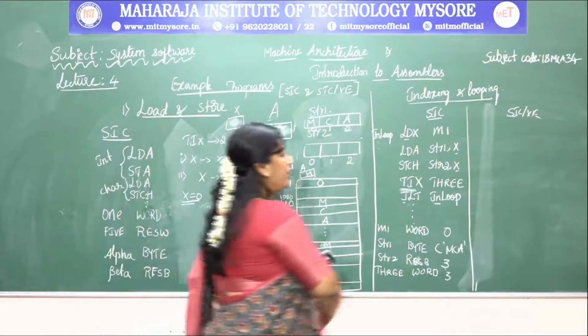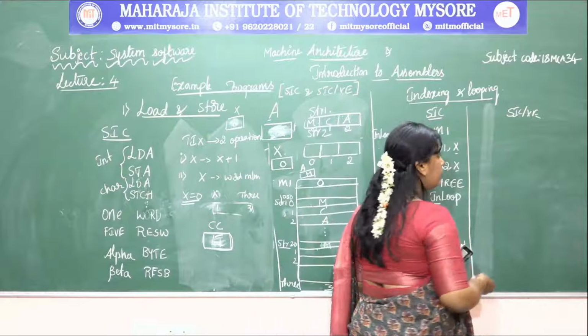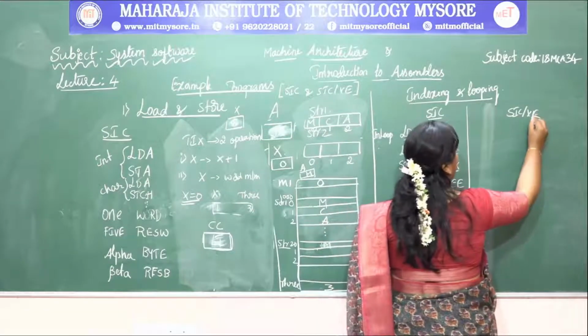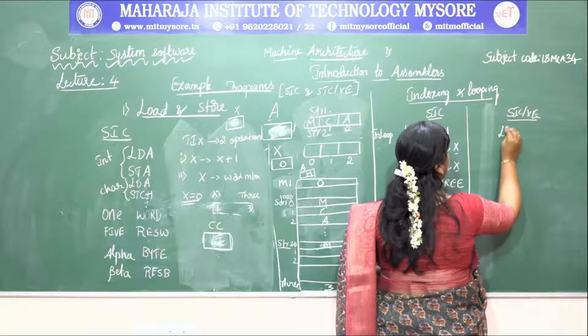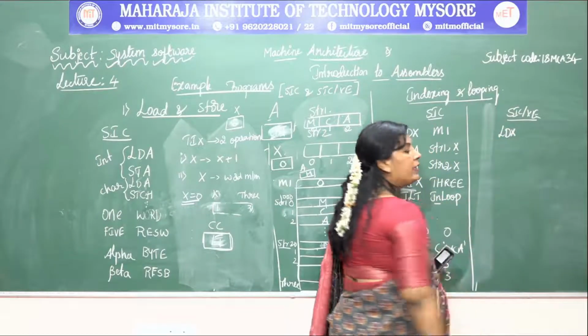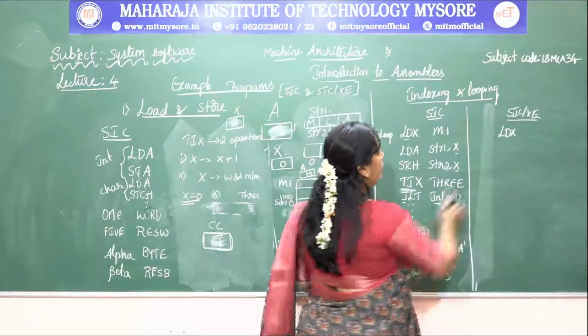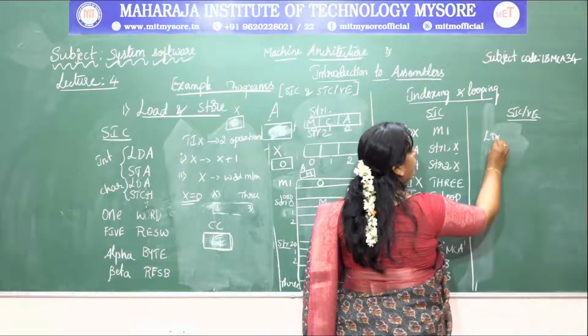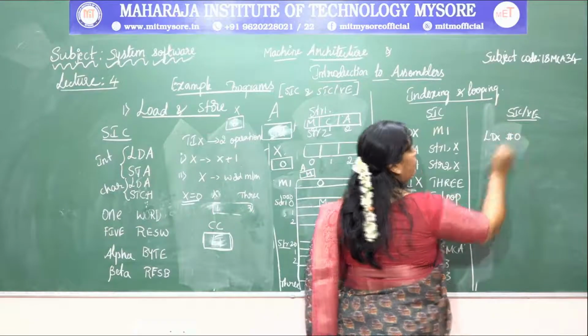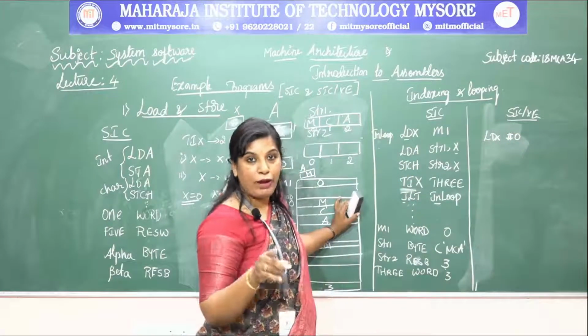The same program we can write by using SIC XE. So how we can write it? Of course, we are initializing the index register value with 0, with an immediate value 0.